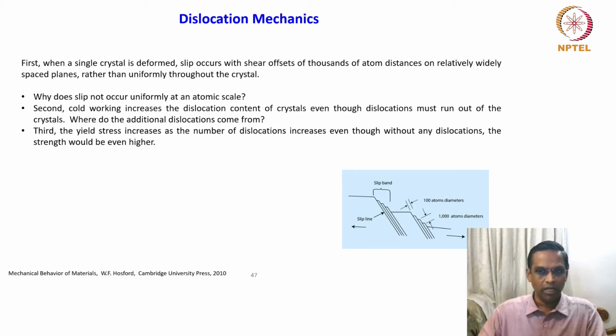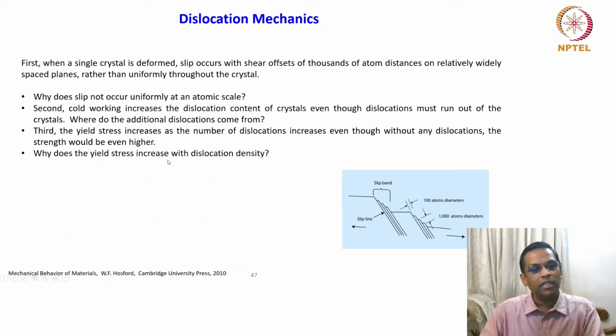So even without dislocations, the strength must be very high. But the yield strength increases as the number of dislocations increases. So there is a difference. So why does an increase in dislocation density influence the yield stress is the question.